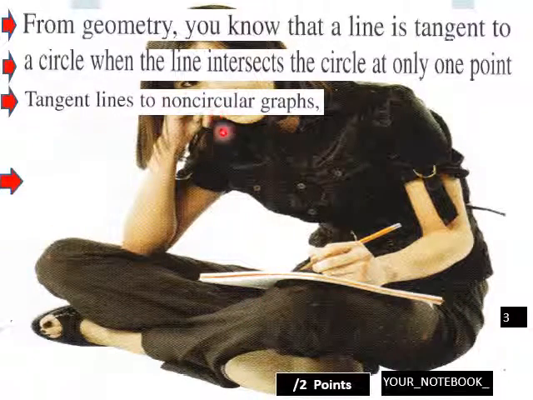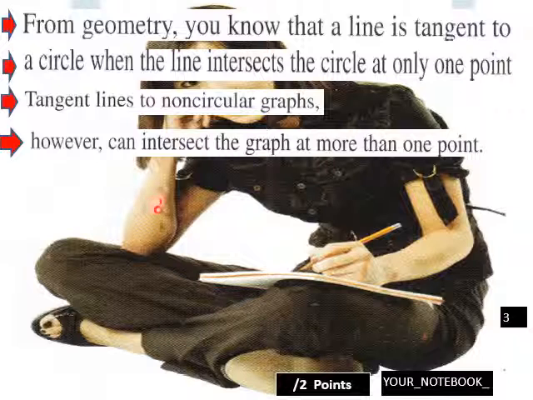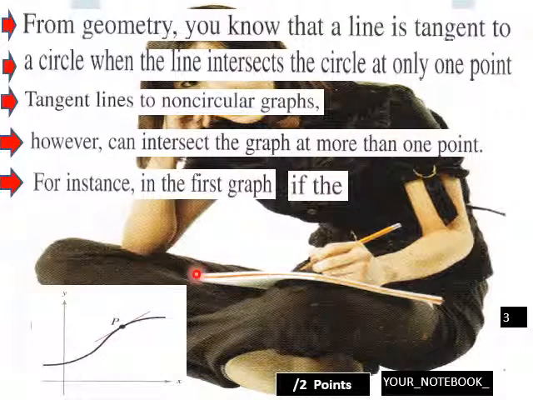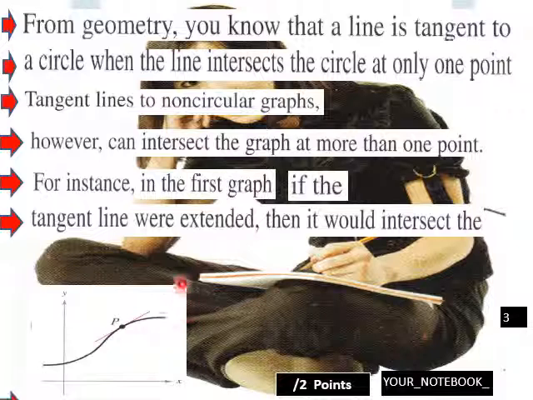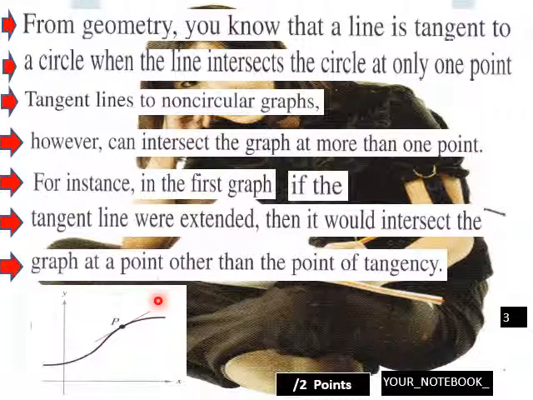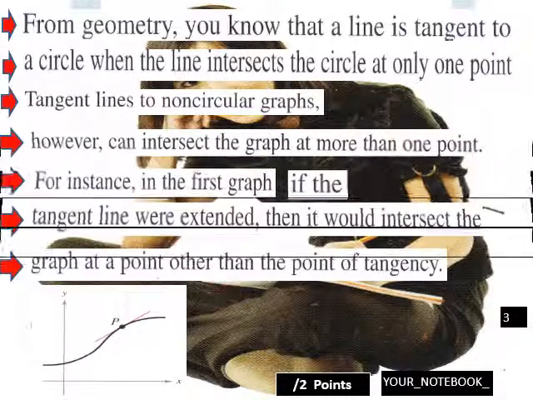Tangent lines to non-circular graphs, for instance, in the first graph, like this one, if the tangent line were extended, it would intersect the graph at a point other than the point of tangency. So it would probably intersect way down here, and then maybe if this thing curves up, it would intersect it up there. So it would intersect at more than one point.